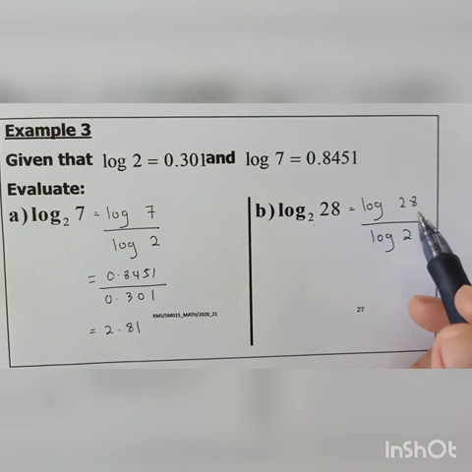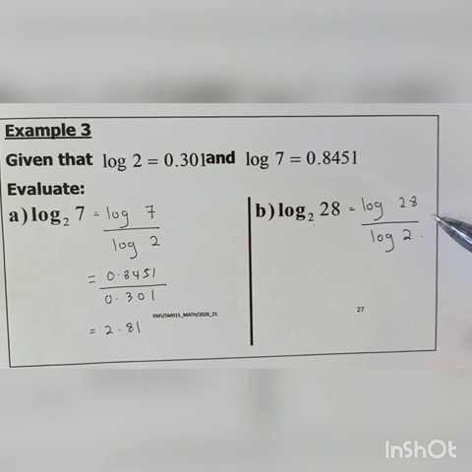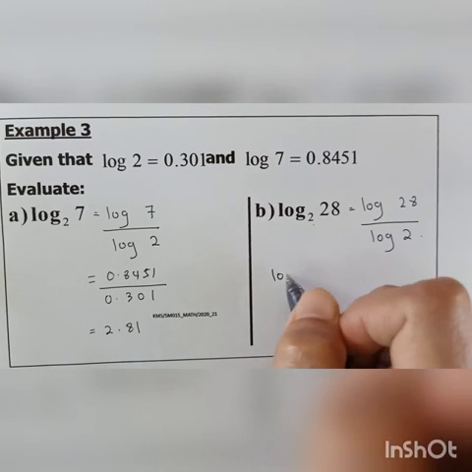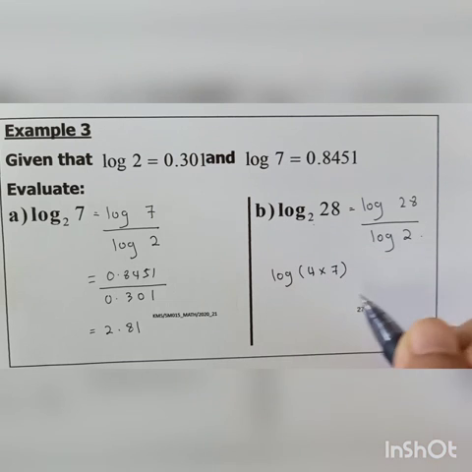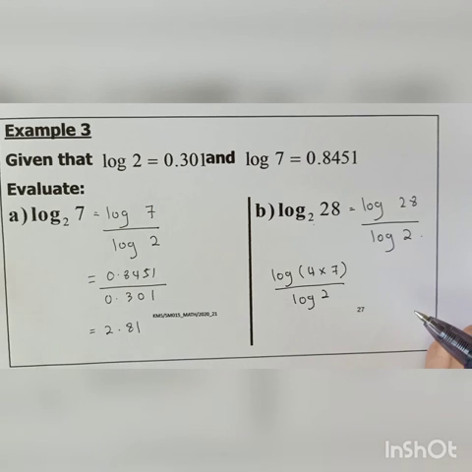Now our base is 10. 28 is equal to 4 times 7 over log 2.